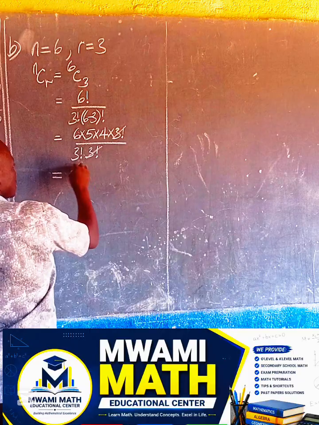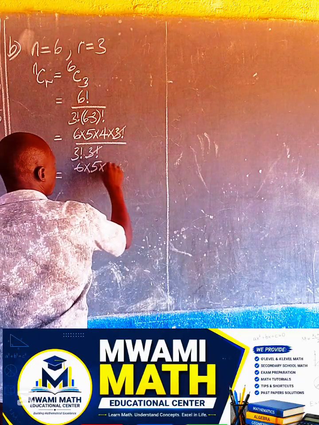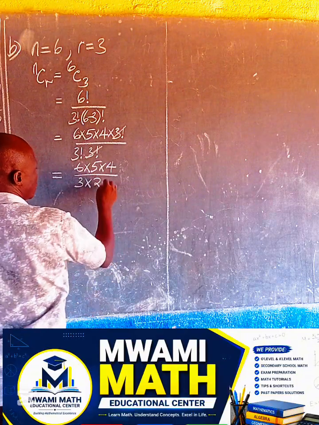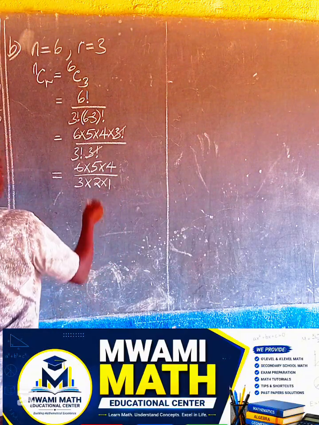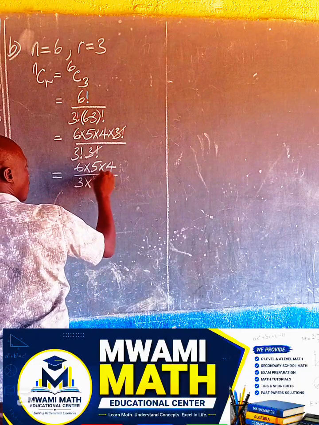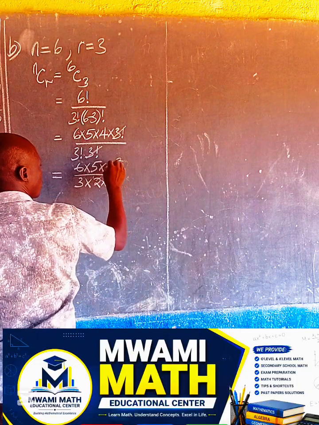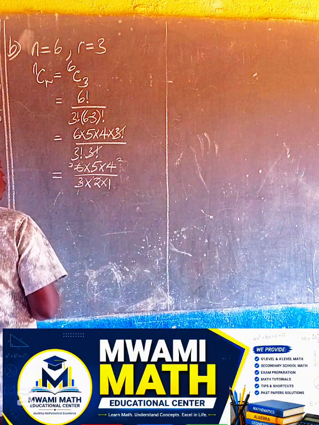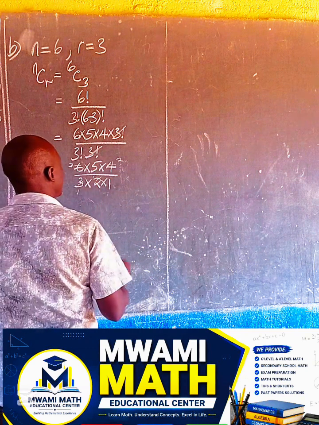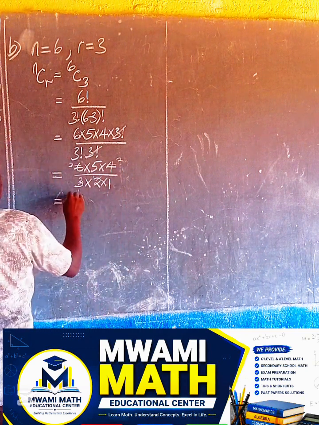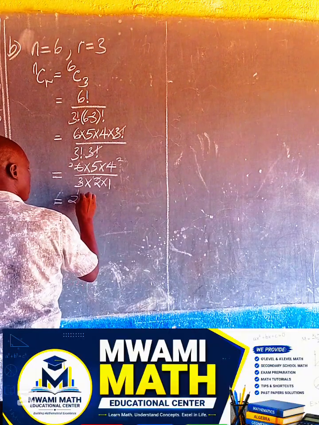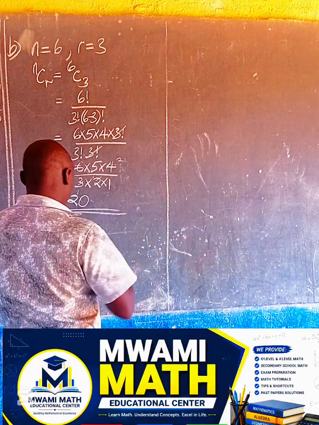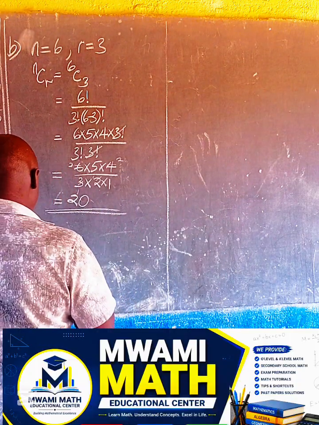So this means 6 times 5 times 4 all over 3 times 2 times 1. So this by 2, 1 by 2, we shall have a 2. Then by 3, 1 by 3, we shall have a 2. 2 times 5, 10. 10 times 2, that is 20.